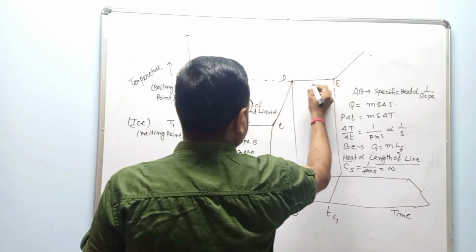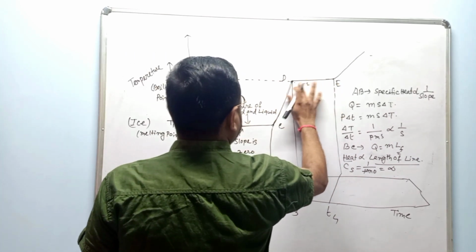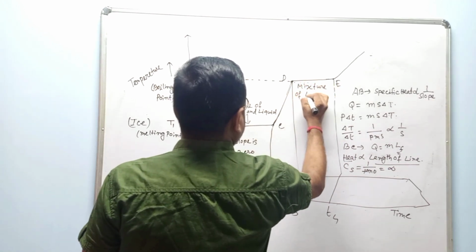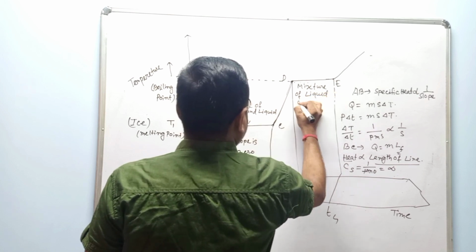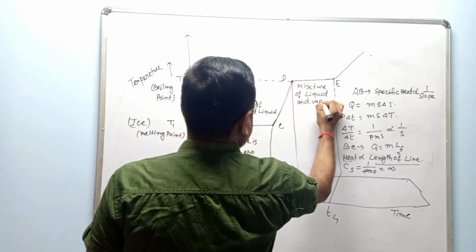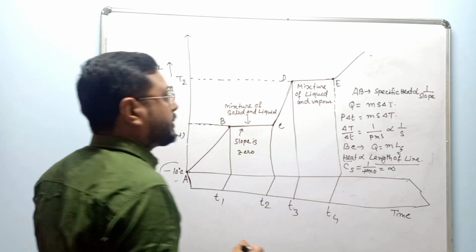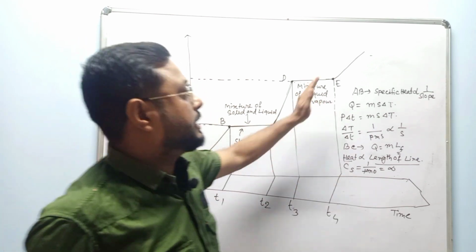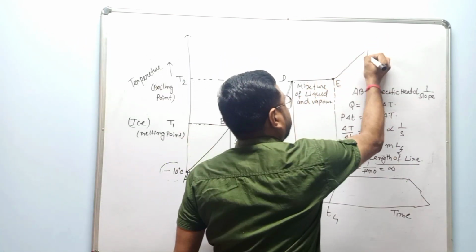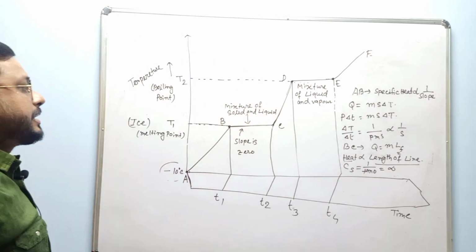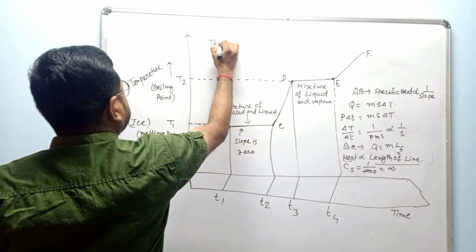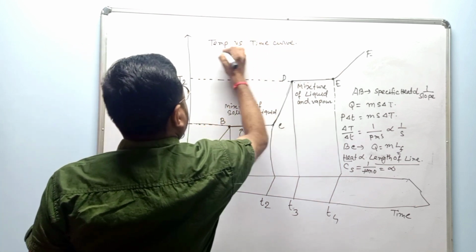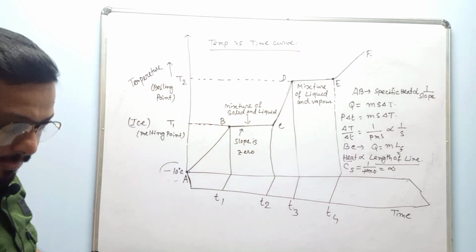In between, there is a mixture of liquid and vapor. At E, all the liquid has transferred into vapor, and then if we supply heat from outside, the temperature increases again till F. So this is the temperature versus time curve, which is very, very important for your upcoming NEET exam.